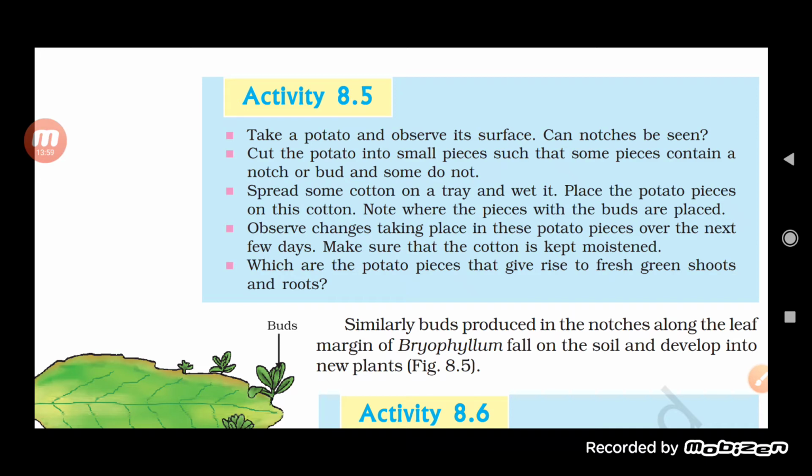Afterward, we will also look at the pieces of potato which contain a bud, and what kind of difference you will find. We will find that the green shoots and the roots start coming out from the piece of potato which has the bud in it.